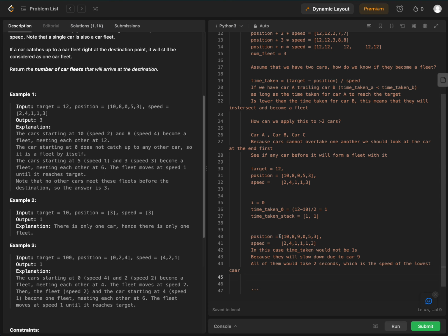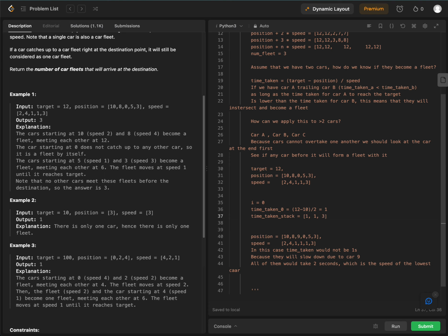So we are looking at speed, position 10, 2, and we realize that this takes 1 second, this takes 1 second, and then this one takes 3 seconds.